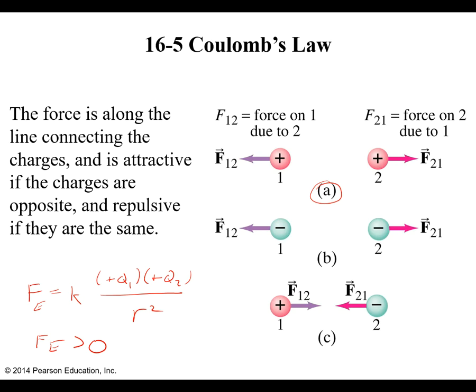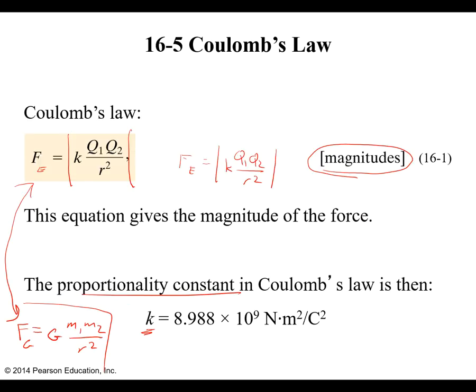But we said that the force is positive, which makes sense here on charge 2 being pushed by charge 1 to the right. But if you look at charge 1 being pushed by charge 2, it's moving to the left. Shouldn't that be negative? But we calculated positive. That's why it's important to emphasize that Coulomb's law only tells us the magnitude of the force.